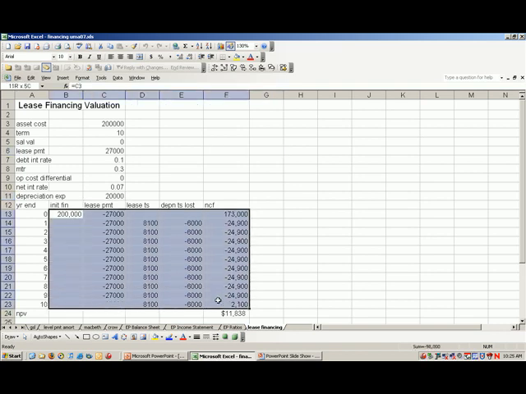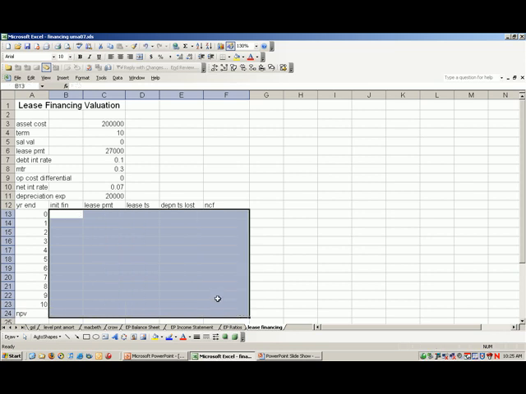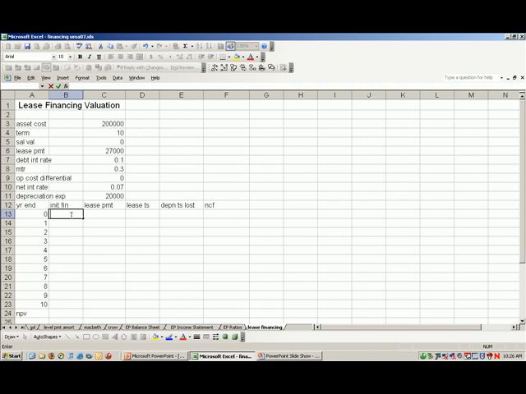Now let's erase this part of the worksheet and redo it so that you can see exactly how to do a lease financing valuation. In year 0, if the firm leases, the lease contract provides $200,000 in financing or $200,000 cash inflow.